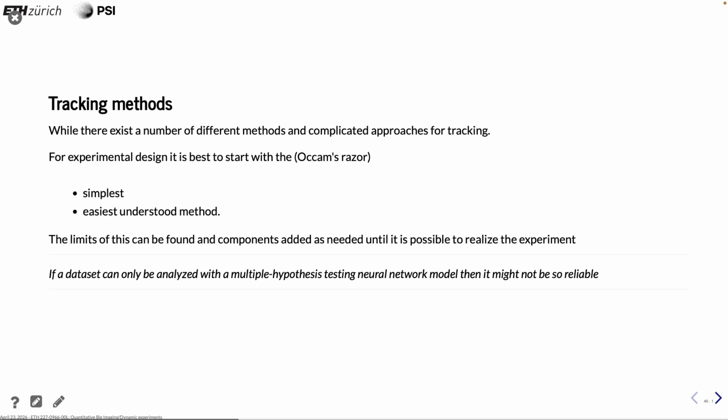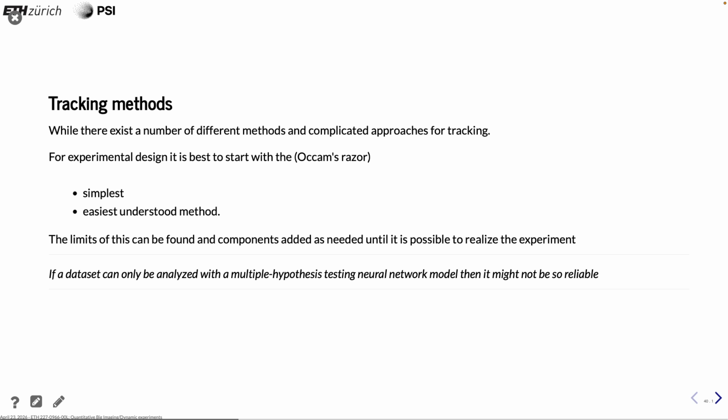When we do the tracking with a simple case like this, we can actually go for the very easiest one, easy to understand. So what we are going to do is essentially just taking the nearest neighbor in the next frame and see if that is good. Of course, there are many more complicated methods to do it, depending on what your data looks like.